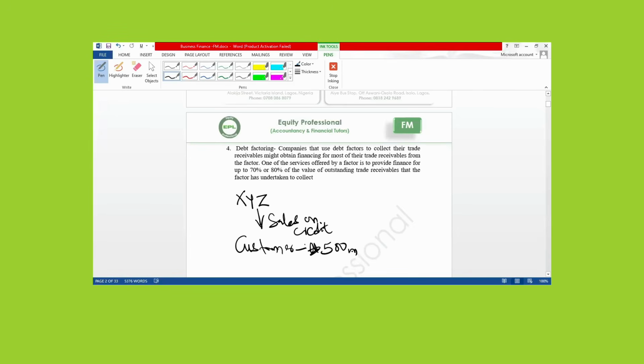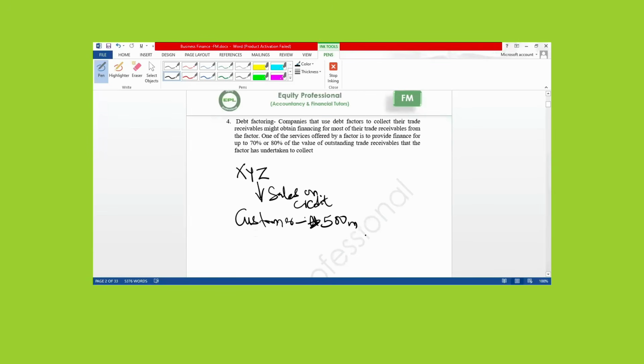We sold goods to our customer on credit that are worth 500 million. This customer is to pay us in 6 months. We have given the customer credit for 6 months.